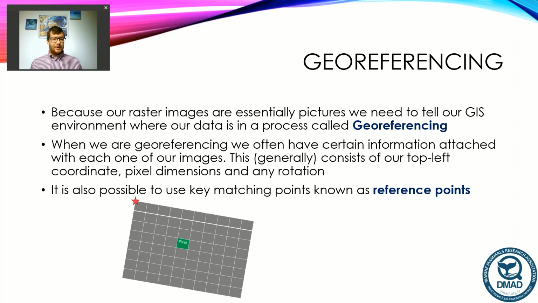If we're at a much bigger scale, then we might be looking at matching entire cities to entire cities, for example. And this is particularly useful when we're using older maps or scanned maps, which obviously weren't around when we started this geoprocessing sort of phase.